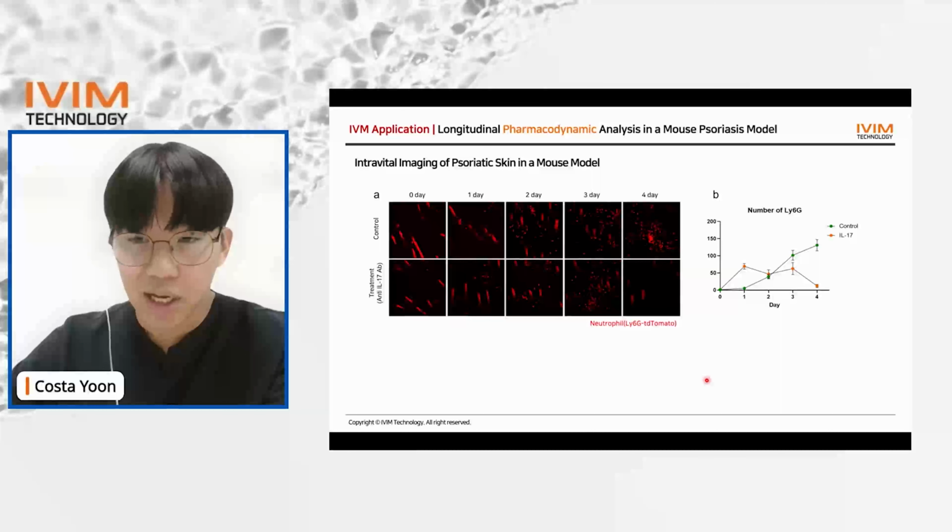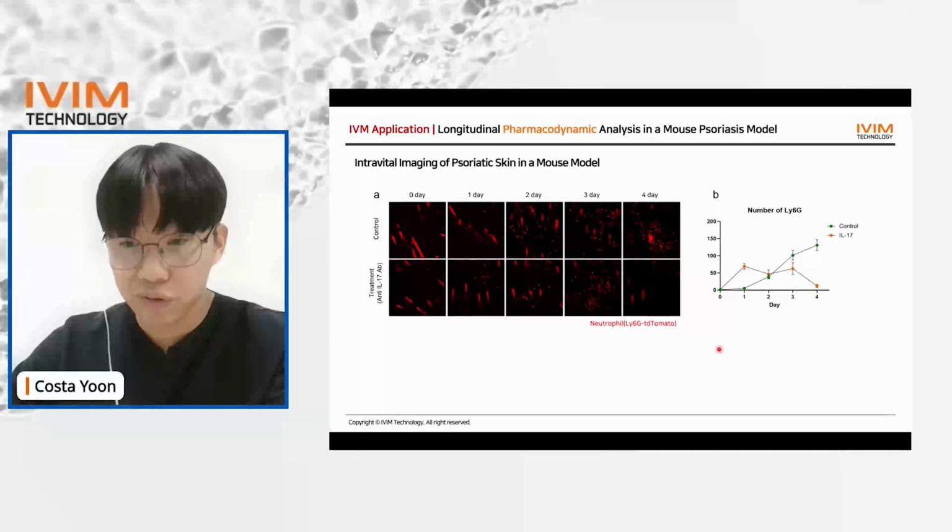In contrast, the treatment group showed fewer infiltrating immune cells, particularly during the later stage on day 4. This effect can be explained by reduced chemokine production after IL-17 neutralization, leading to decreased recruitment of neutrophils into the tissue.